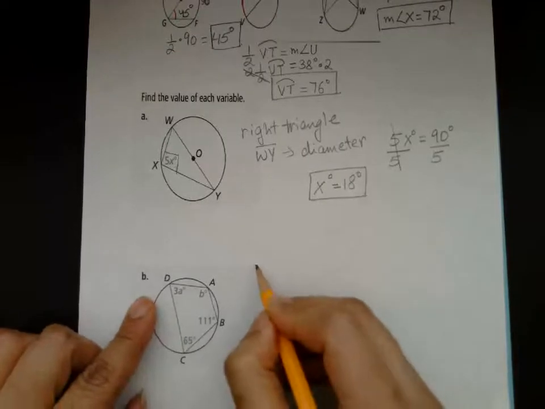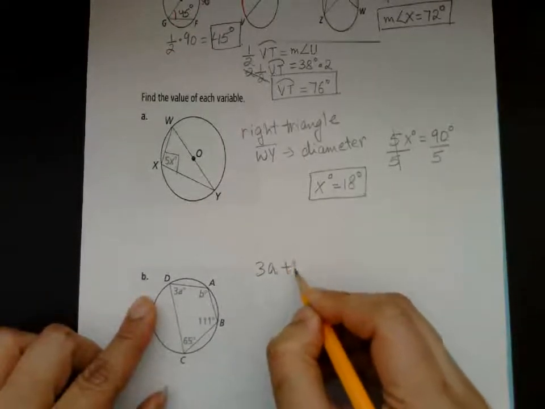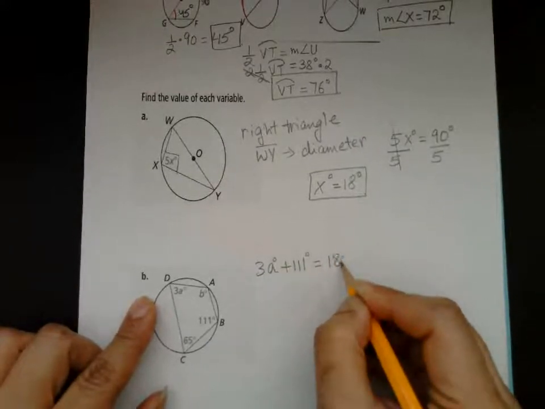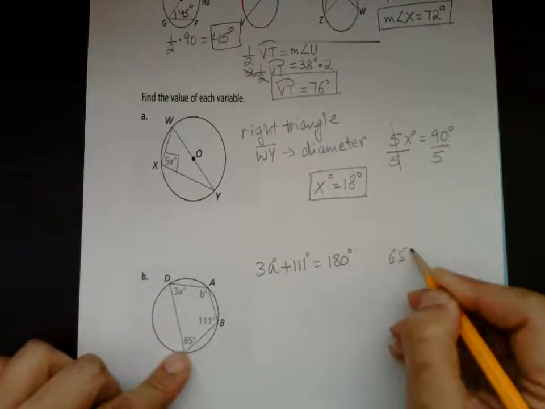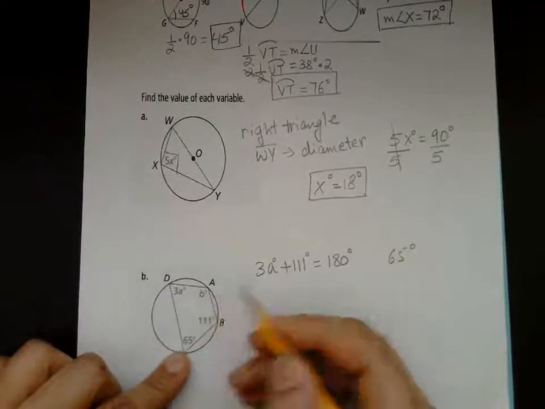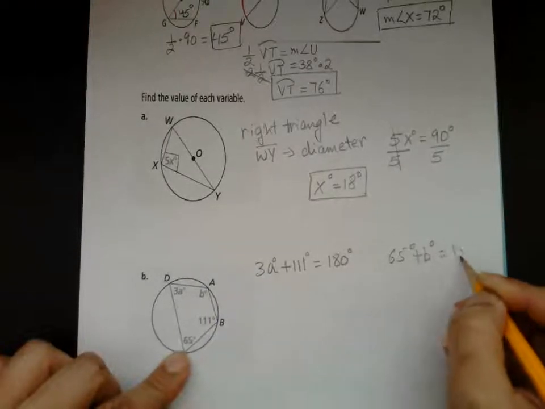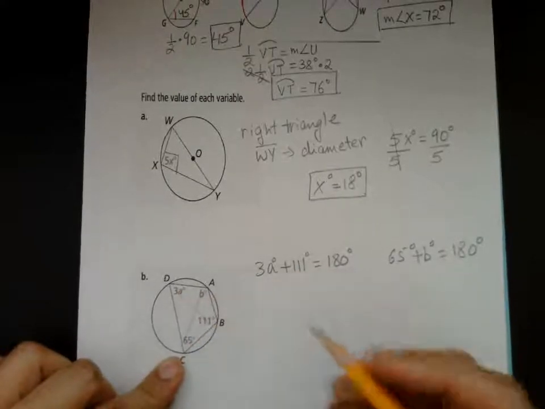I can write it down as 3A plus 111 is equal to 180 degrees, and the other equation will be 65 degrees plus B degrees should be equal to 180 degrees. These two are opposite and these two are opposite.